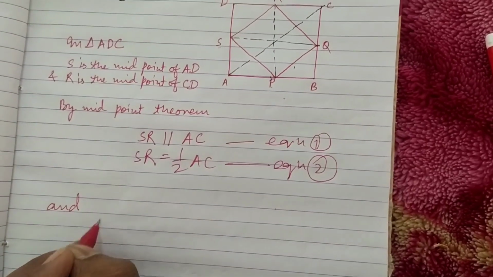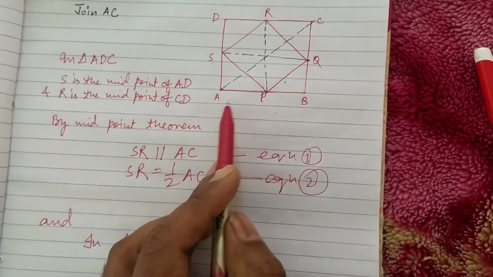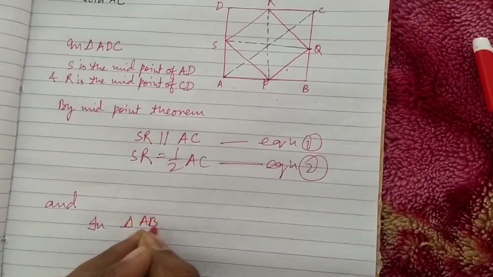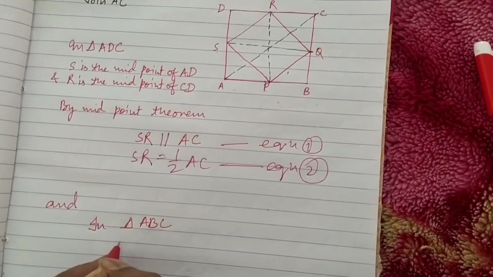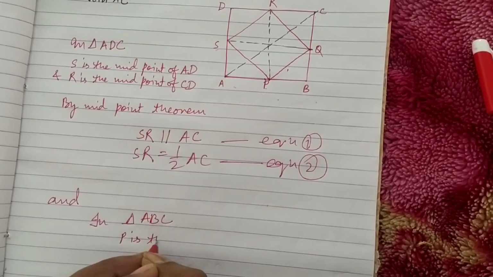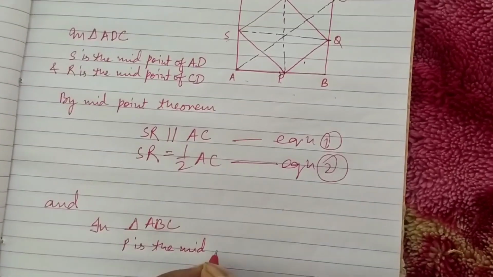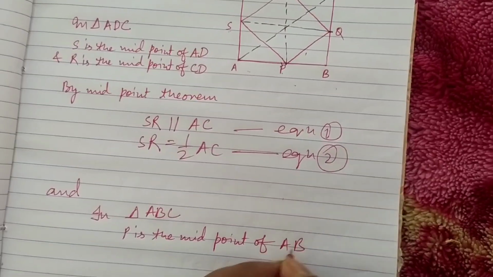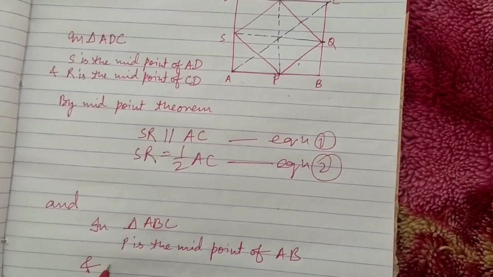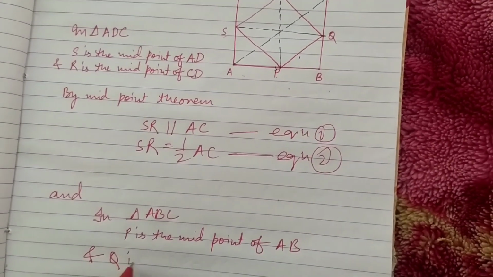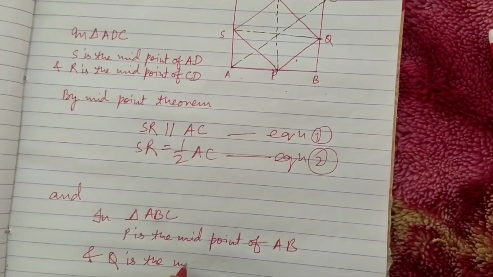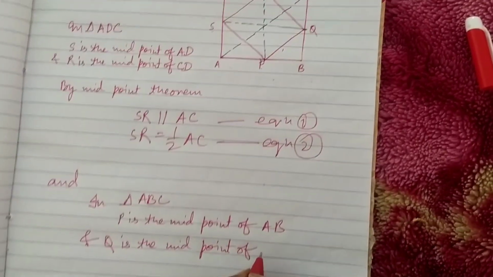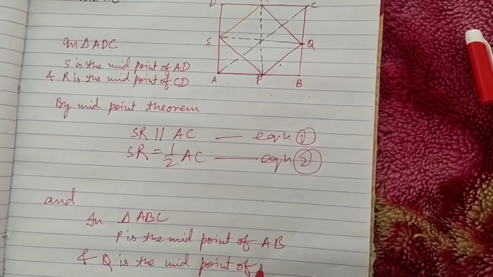And now in triangle ABC, P is the midpoint of AB and Q is the midpoint of BC.